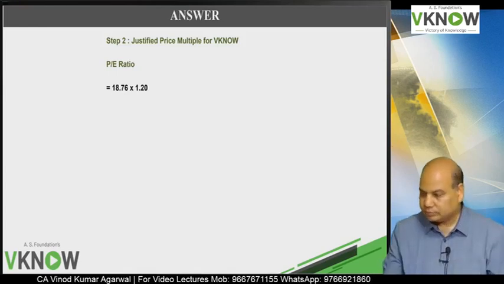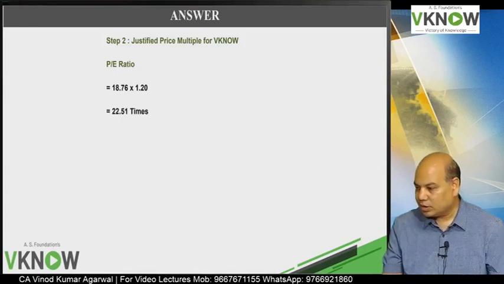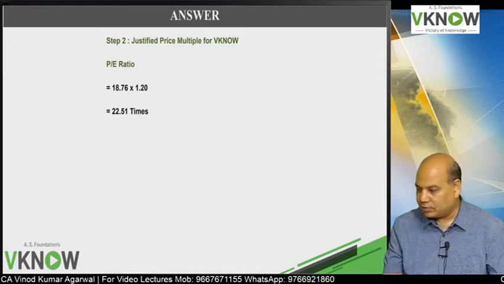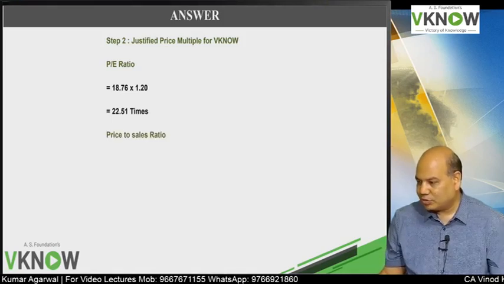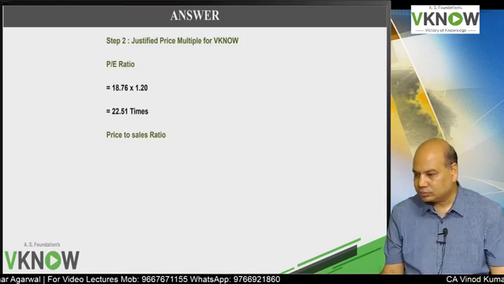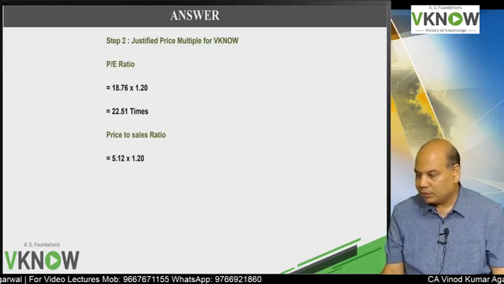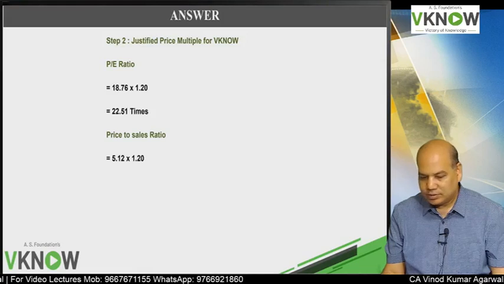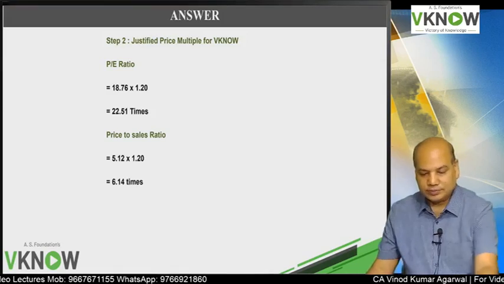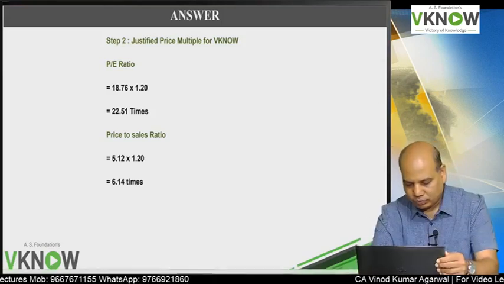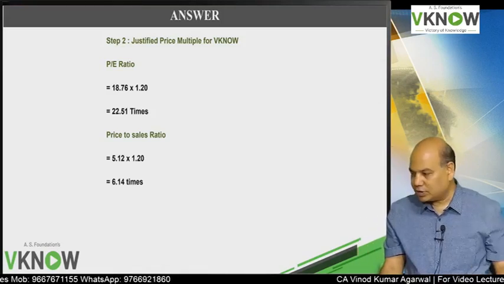How much is that? 22.51. Very good. Come on, next. Price to sales ratio. Take 5.12 into 1.20. How much is that? Is it 6.14?